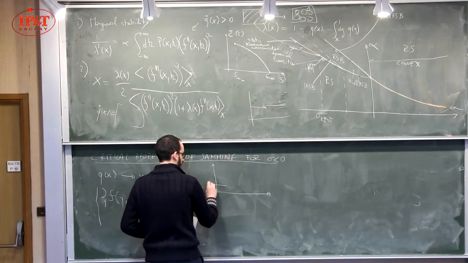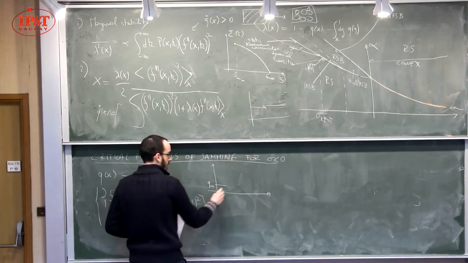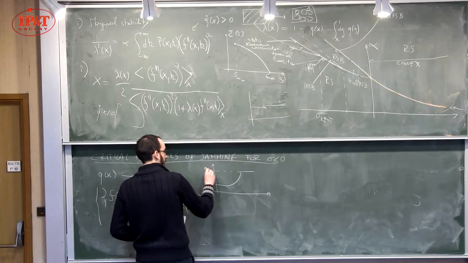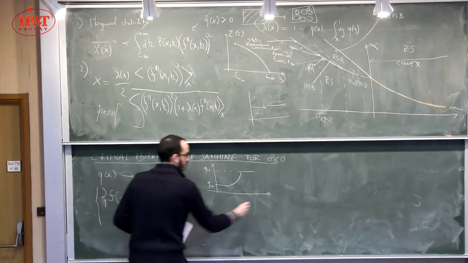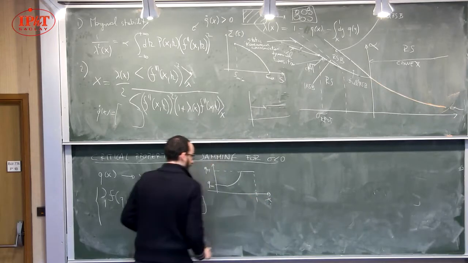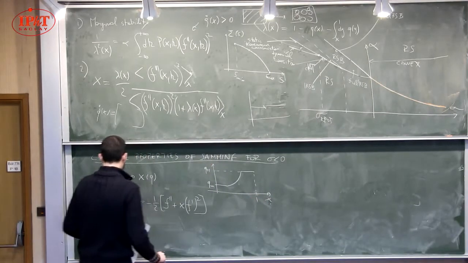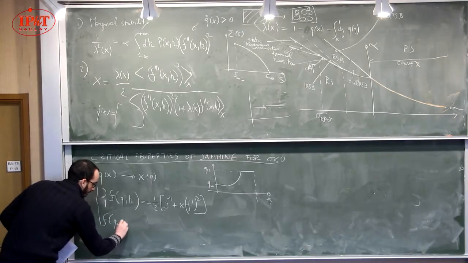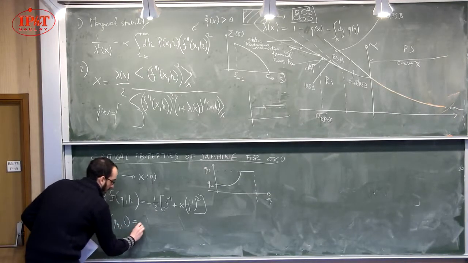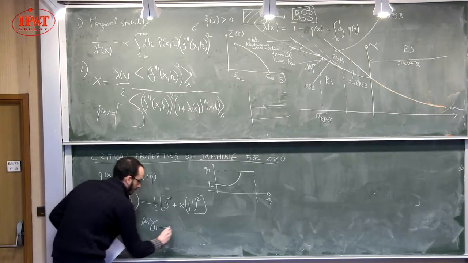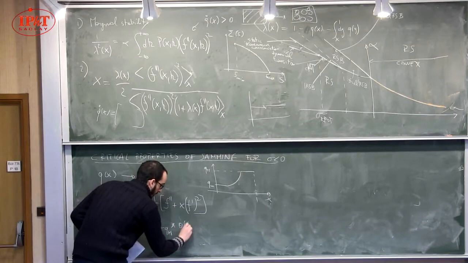This is q small m, this is q big M. And therefore f of qm is just the log of 1 minus qm.